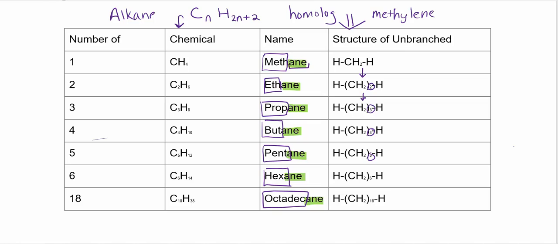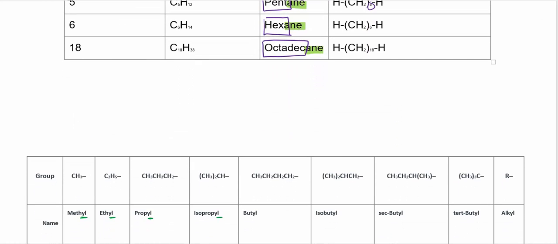Now, when we have these chemicals, we can use a skeletal structure in order to show them. So methane, we don't really have a skeletal structure for, but ethane was just the line. Remember, a carbon at every end and bend. There are two ends, two carbons.